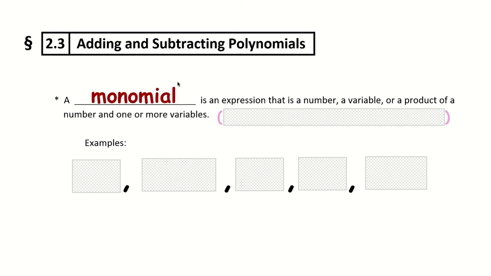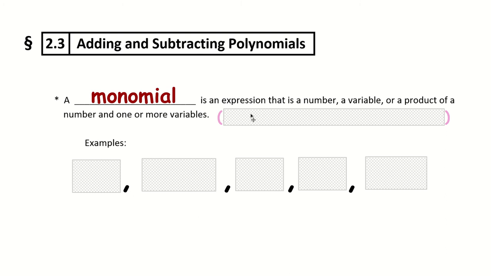A monomial is an expression that is a number, a variable, or a product of a number and one or more variables. Okay, I didn't read that very well. But this wordy definition might not be what you wrap your brain around.